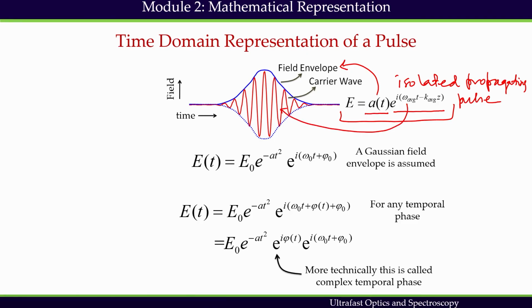And if we assume that A(t) can be represented by a Gaussian function, e to the power minus A t square, where omega naught is the center frequency of the pulse. This is called the center frequency.